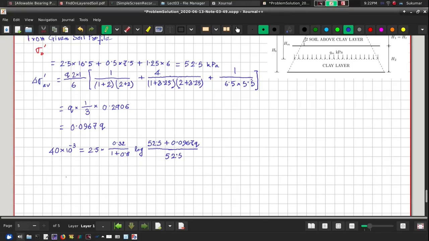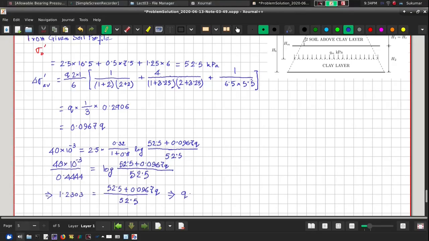Alright, and now I need to solve this for Q, and from here I can find Q as 125.03 kPa. So in that soil profile, in order to have settlement of the footing as 40 mm, I can apply a Q of 125 kilopascal.